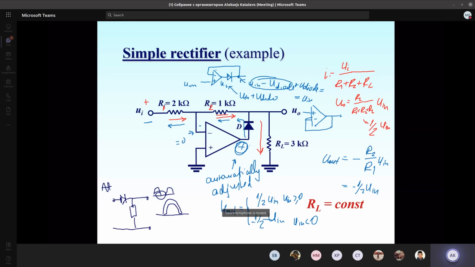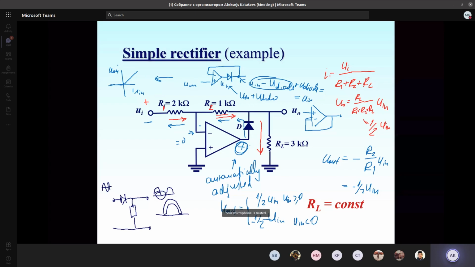If we look at how this circuit works, we have a nearly absolutely linear characteristic between U in and U out. So the output will be absolutely equal to U in for the positive voltages, and we have nearly 0.